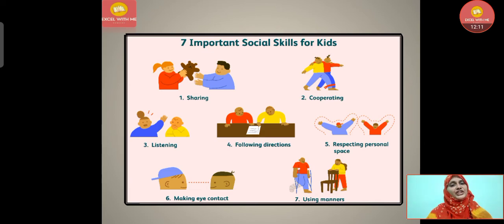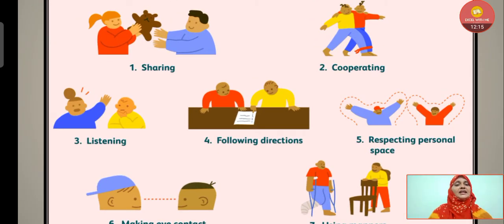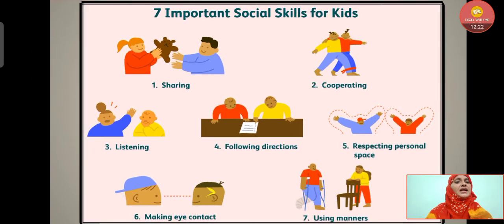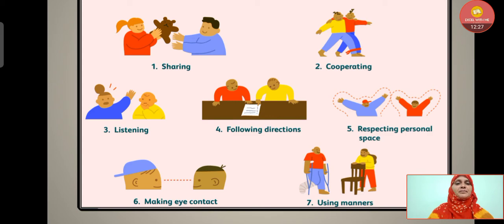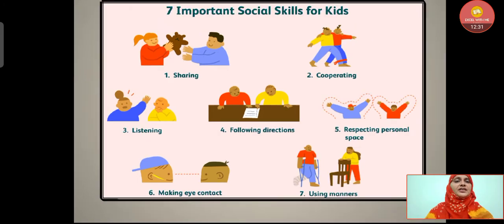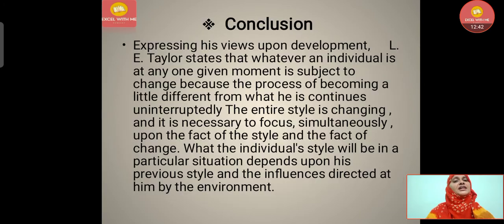Number 1 is sharing, that is sharing things, then 2 cooperating, 3 listening, then 4 following directions, number 5 respecting personal space, number 6 making eye contact, number 7 using manners. So these are the 7 important social skills for kids. Only with the help of the teachers and parents can these skills be developed among the children.